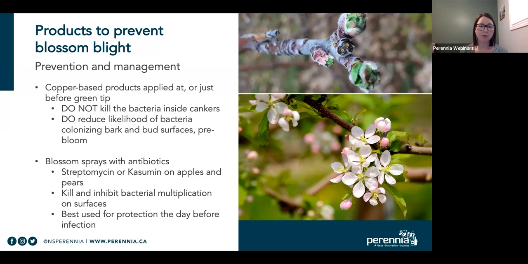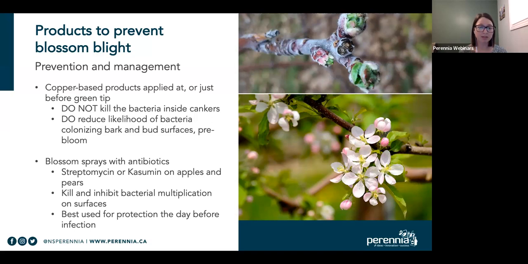That copper is just coating the plant surfaces so that when the bacteria might be transferred to those plant surfaces, it's not able to grow and colonize like the bark and the bud surfaces. So you're really just reducing the amount of bacteria that's present in the orchard before bloom time to hopefully reduce the risk during bloom. But then during bloom, we've just got the blossom sprays, which are antibiotics.